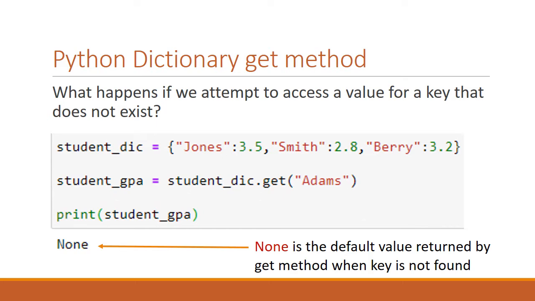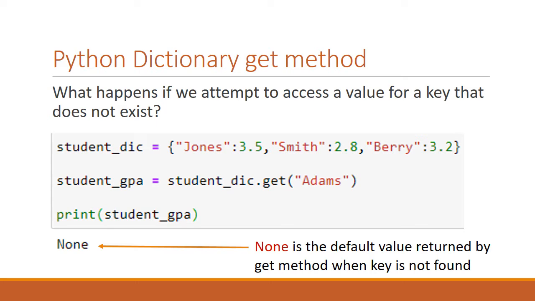Python provides a get method for a dictionary that makes it a little bit easier to handle keys that don't exist in the dictionary. So if we use the same example and we want to get atoms out of our dictionary, we use the name of our dictionary, student_dic.get, and we use atoms as the key, and we want to assign the associated grade point average to student_GPA.